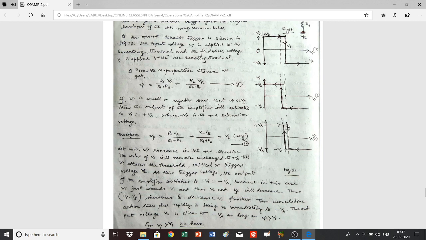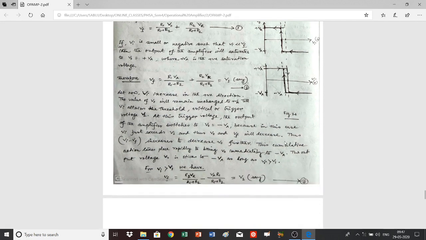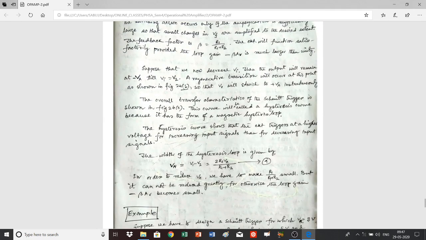You see here, this voltage is nothing but V1, and this voltage is nothing but V2. So here the hysteresis is shown, and the hysteresis is obtained by the difference of this voltage and this voltage. That means the hysteresis voltage VH is given by VH equal to V1 minus V2.